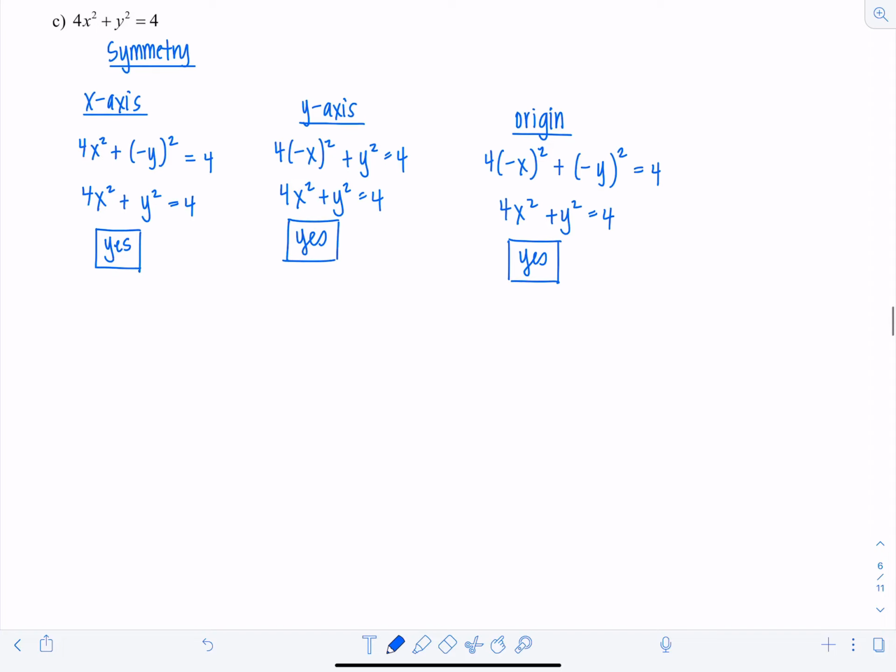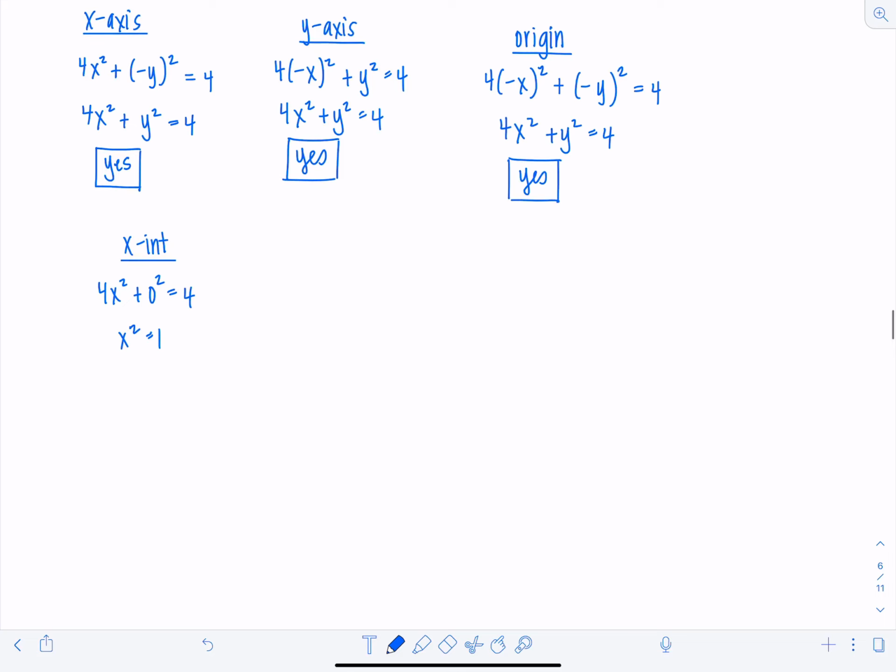Now what about intercepts? So x-intercepts, I'm going to substitute in 0 for y, so I have 4x squared plus 0 squared is 4. So I have 4x squared equals 4, just divide by 4, so we'll have x squared equals 1. So again, x is plus or minus 1. Don't leave your answer like that. This is plus or minus 1 comma 0.